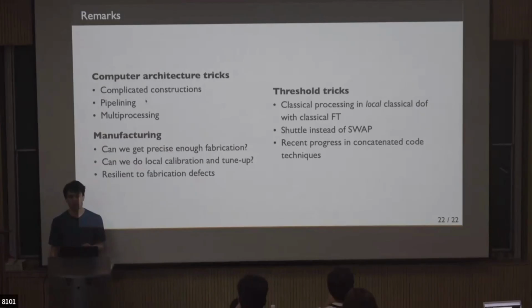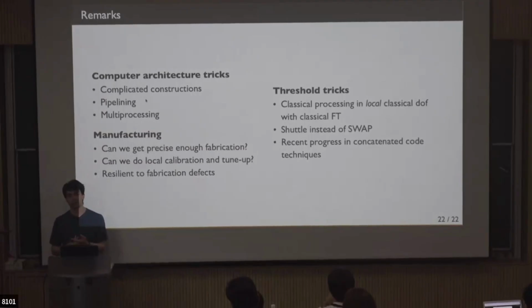And then really what we'd like to do is, I described some measurement-free fault-tolerant scheme, but really you'd want to have some classical degrees of freedom and do either classical fault tolerance, or maybe your classical degrees of freedom are good enough. And there are some technologies where you could hope to achieve this.